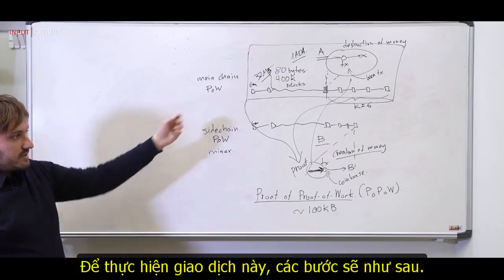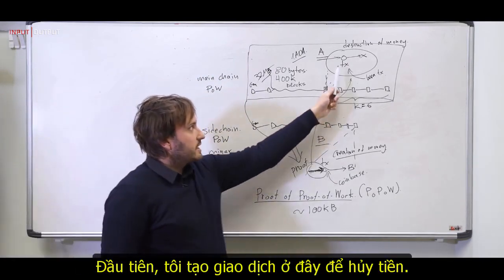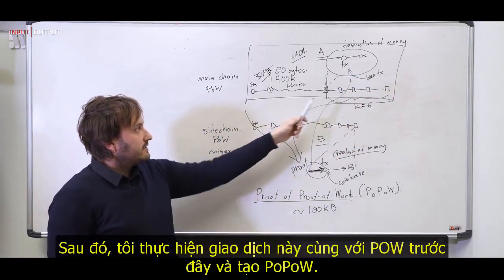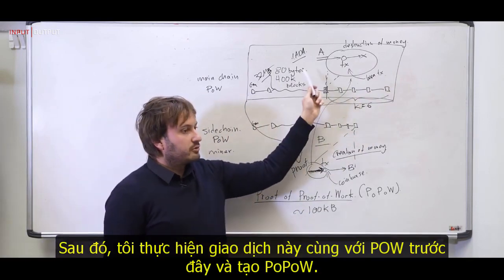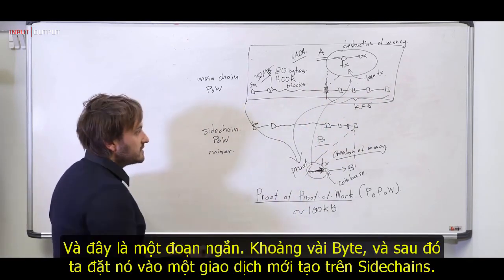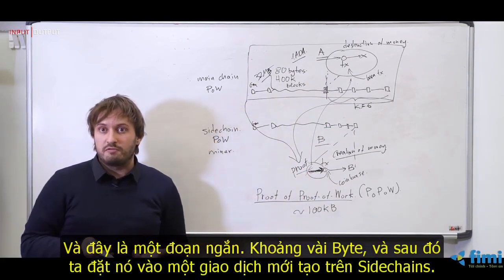In order to make this transaction, the steps would be as follows. First, I create the transaction here to destroy the money. Then I take this transaction along with the previous proof of work, and I create a proof of proof of work. And this is a short string. So it's a sequence of bytes, like a small file.